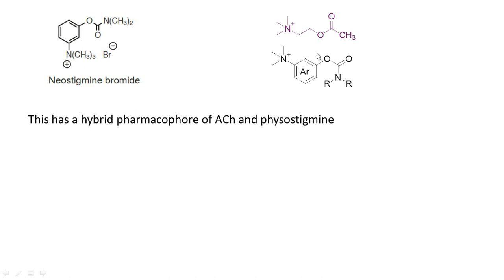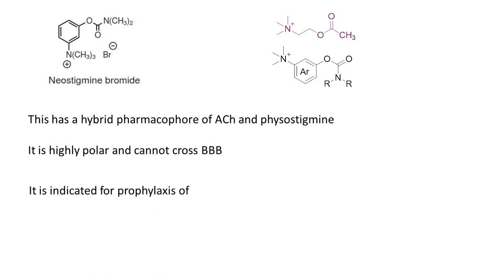The length of the molecule is almost the same, and the quaternary ammonium unit and the aromatic part increase its selectivity to the acetylcholinesterase enzyme, because it has a hybrid pharmacophore of both acetylcholine and physostigmine. It is highly polar because it's an ammonium salt and cannot cross the blood-brain barrier, so it will not show any kind of CNS activity.